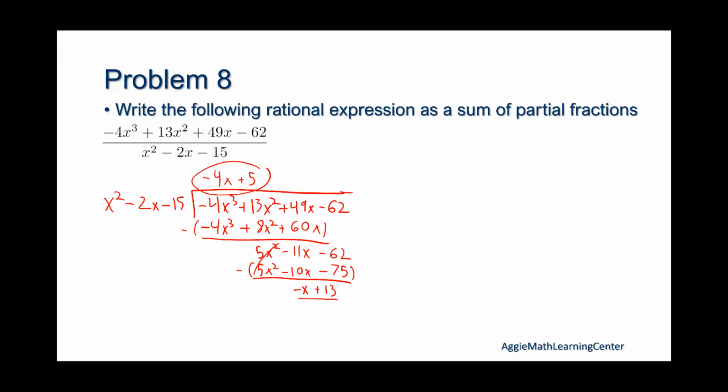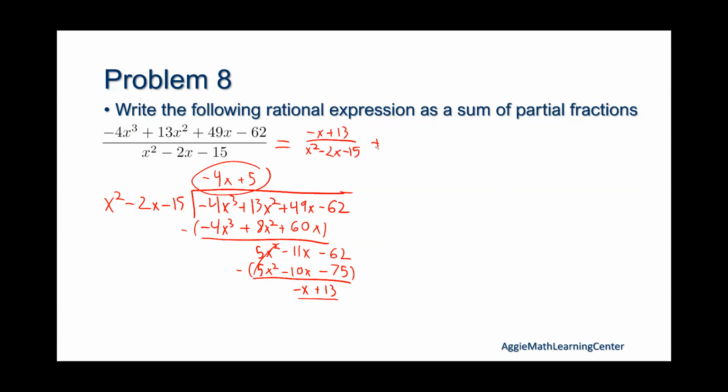So that means that we can rewrite this as we're going to have our remainder, negative x plus 13, still over the same denominator, x squared minus 2x minus 15. Then we're going to add our quotient.